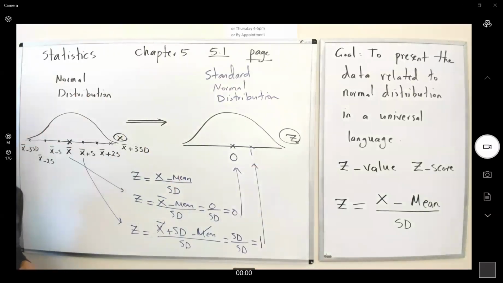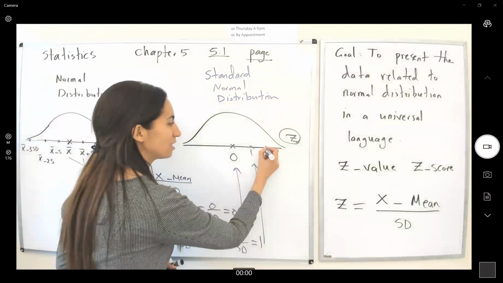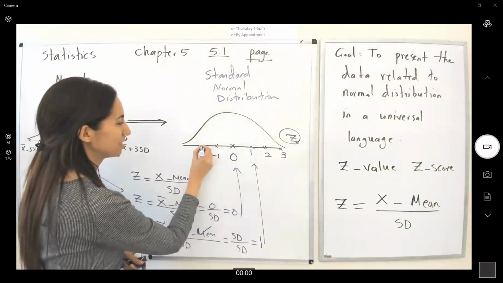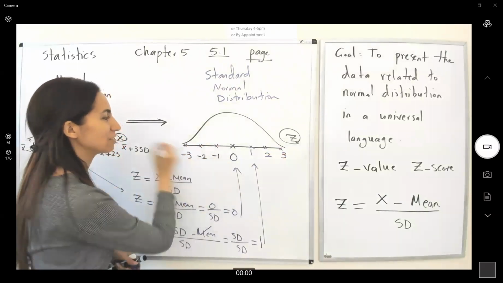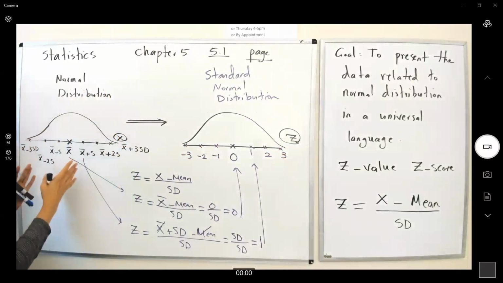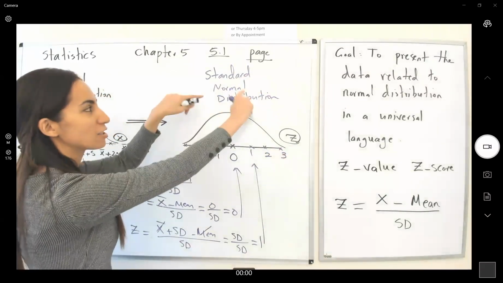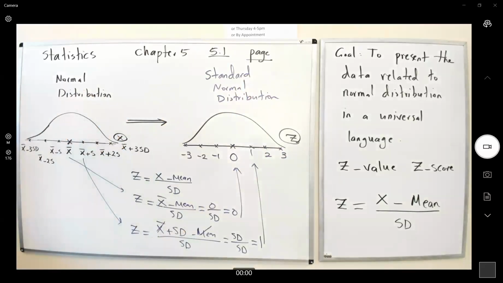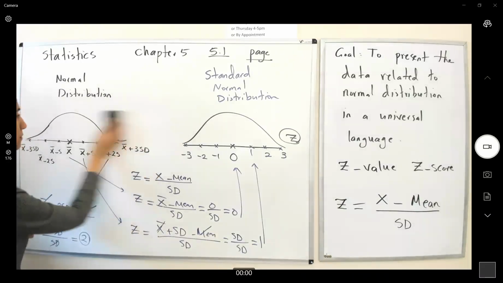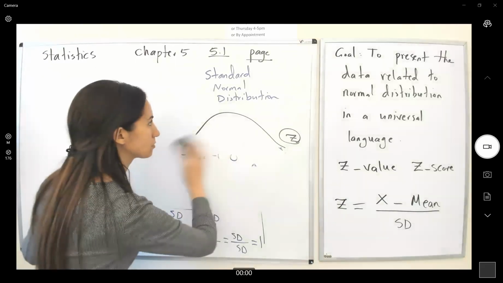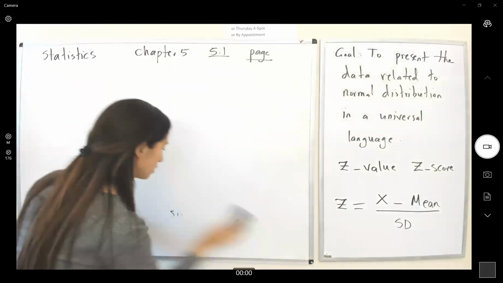What if I take x bar plus 3 standard deviations? As you guess, it's going to be 2, it's going to be 3, and on the left-hand side, you get -1, -2, and -3. So, as I mentioned, we're going to switch from a normal distribution to a standard normal distribution using z-scores. When you're using a calculator and you want to find the probability, let's see on page 4.